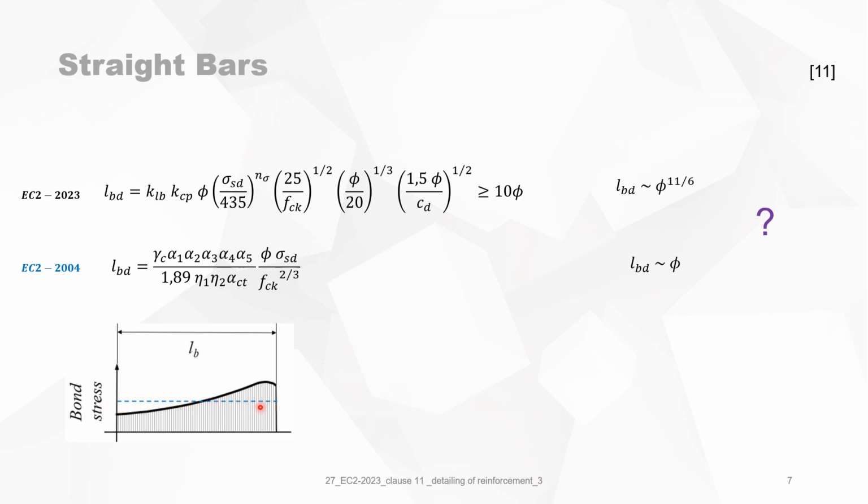But in reality, tests show that it is not a straight line, but it's less in the beginning, it goes up, and then it comes back again. If you look at it in forces, then you will see, okay, we end up with the same force, but in reality, it makes a dip alongside the anchorage length. So that's why the factor comes into the picture.